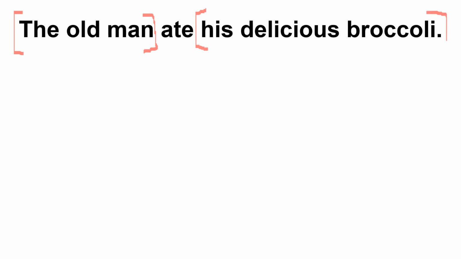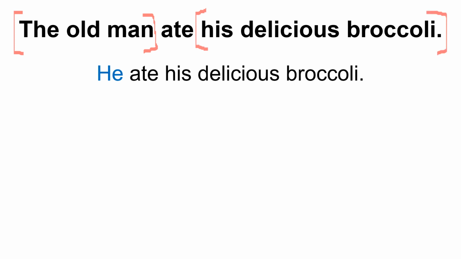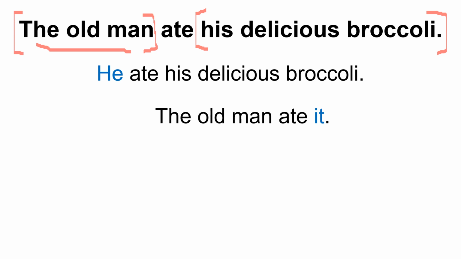With the old man, we can replace it with the word he. That means that the old man functions as a unit. Similarly, the old man ate his delicious broccoli. We can replace his delicious broccoli with it. Therefore, his delicious broccoli functions as a unit.